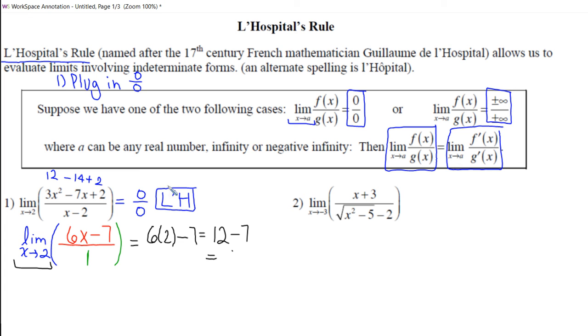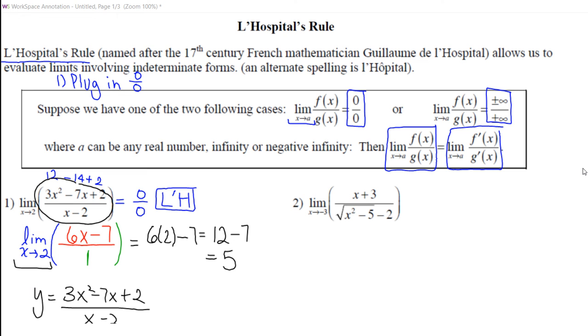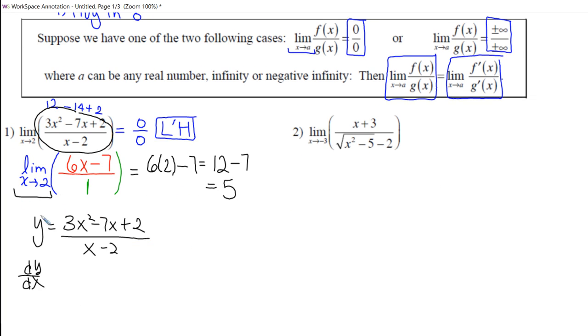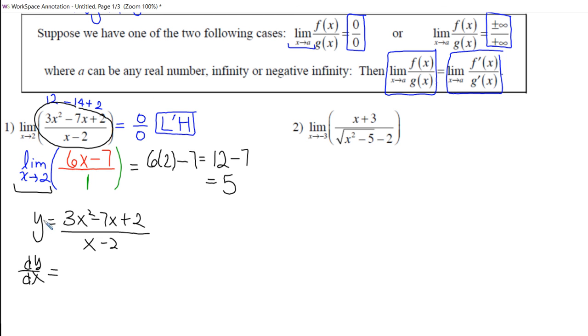Now, don't get this confused with the quotient rule. Remember the quotient rule? If I were to ask you, okay, my function is this one, and find dy/dx, find me the derivative of this thing, we do not take the derivative of the top and put it over the bottom.